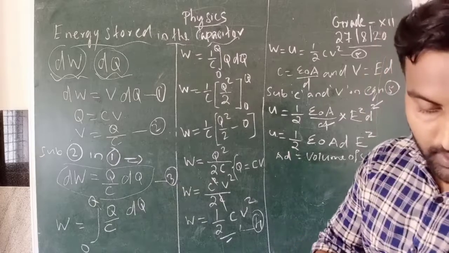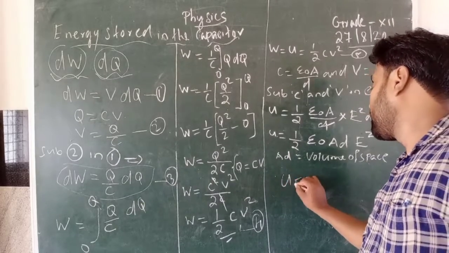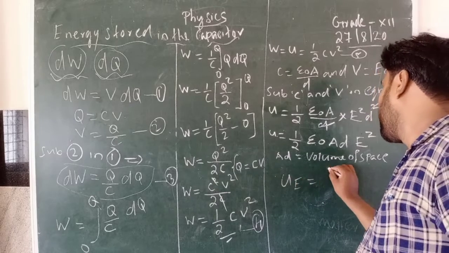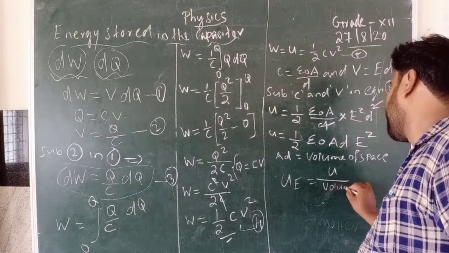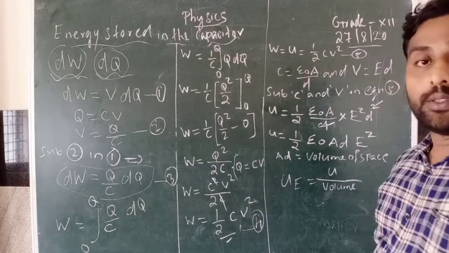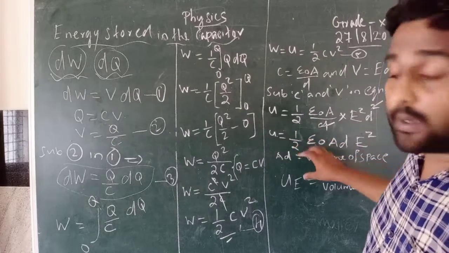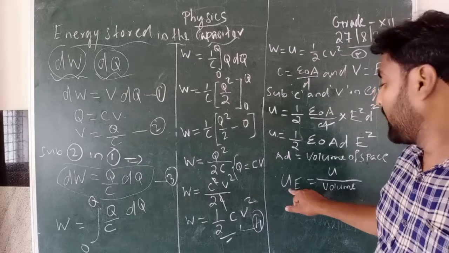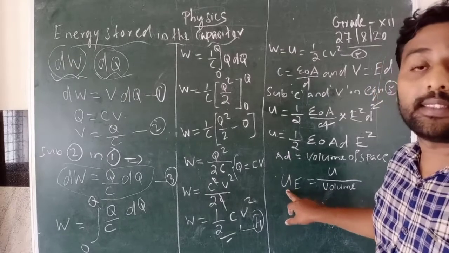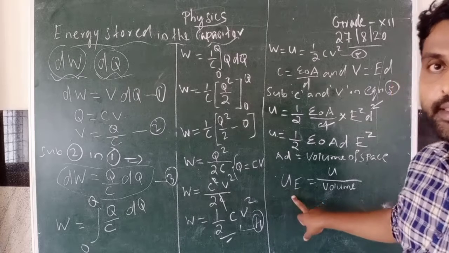Now there is a formula: UE is equal to U by volume. You see, some energy is stored somewhere in the capacitor, in some volume of space. So this is what? Energy density. UE means energy density.